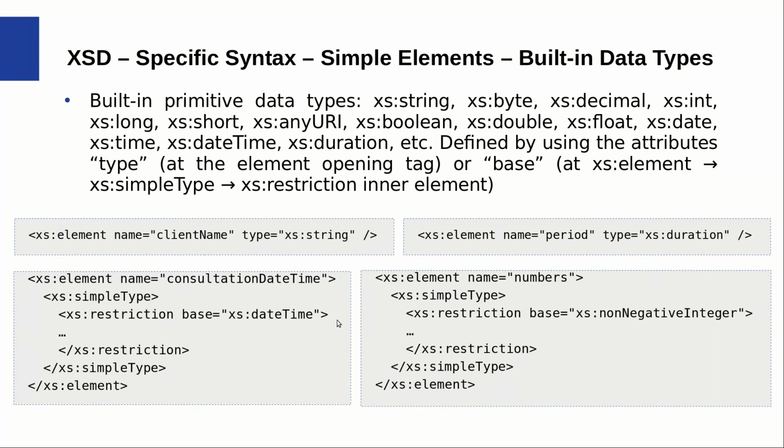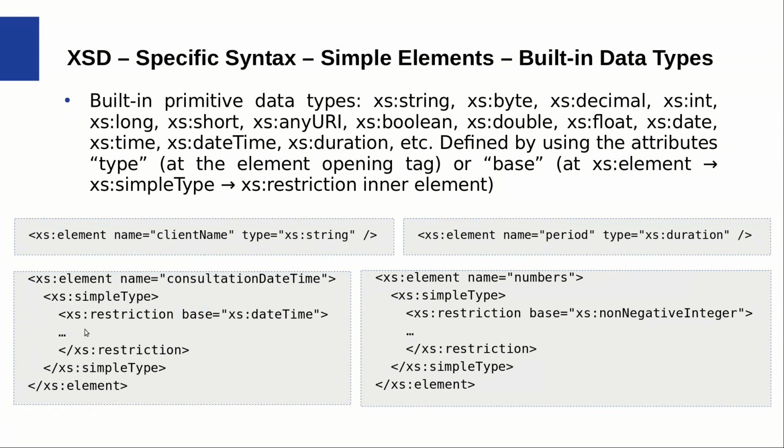And here, as we use the extended declaration, we could set here nested to the restriction element some facets or some additional constraints, as we'll see on the next slide, for restricting even more the text content of this simple element.